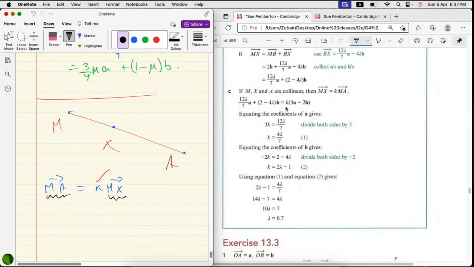So K is just there and we just substitute and then compare. See, A had 12 lambda over 7. On right hand side, A had 3K. So we just compare. This is now K and lambda, two unknowns. Another equation, coefficient of B on left side and coefficient of B on right side. Two equations, we solve these two equations simultaneously and get the values.